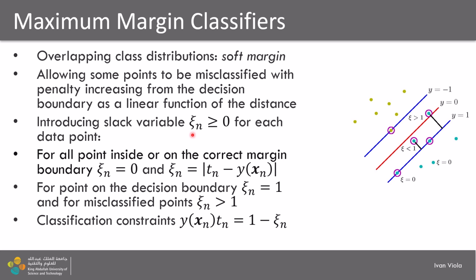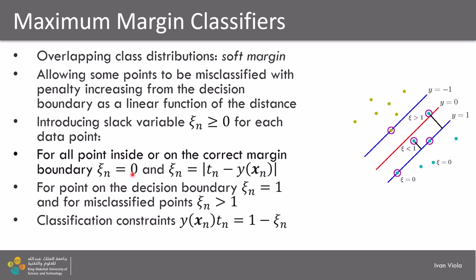So we will define that for all the points which are inside or on the correct margin boundary, meaning for all these points here in green or these in the cyan, they are behind the margin or on the margin, and for those points we will have the slack variable ξn equal to 0.